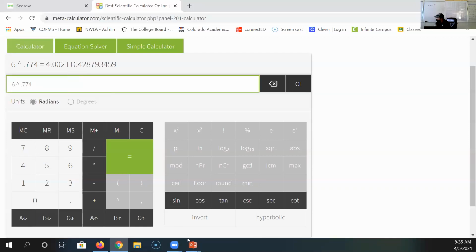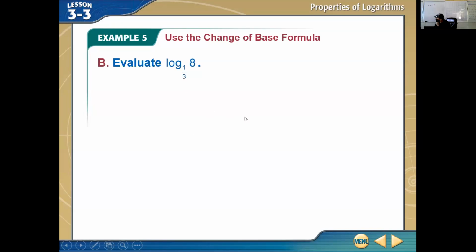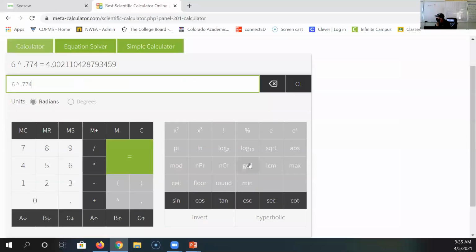So the change of base formula allows you to find those exponents using a calculator. But the key is log of 4 is on the top, log of 6 is on the bottom. And you can use the natural log too. So like this one, log base 1/3 of 8. I'll use natural log on this one.